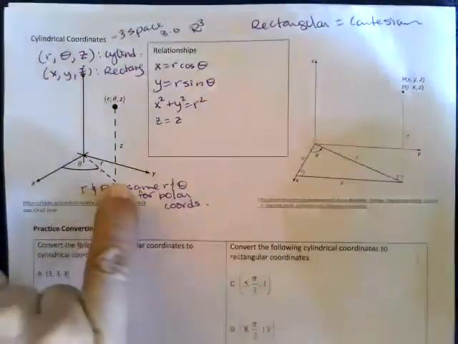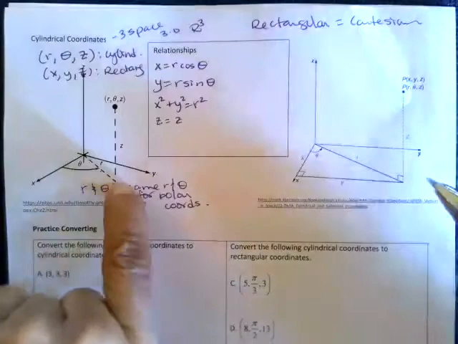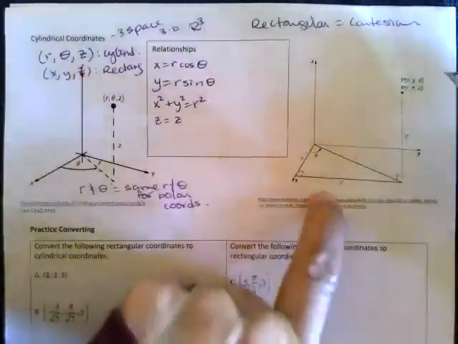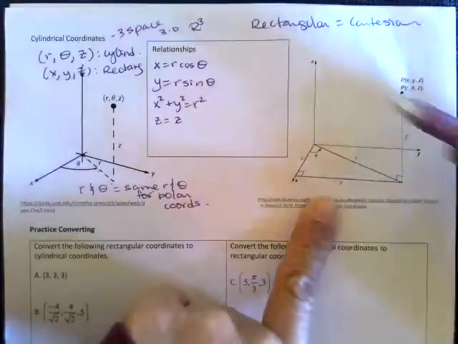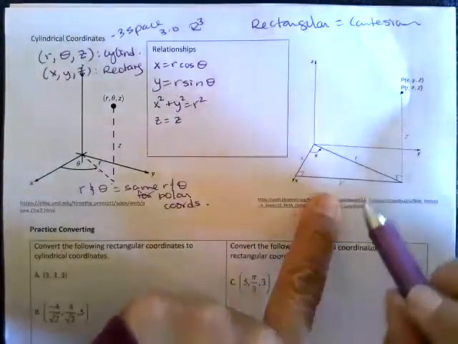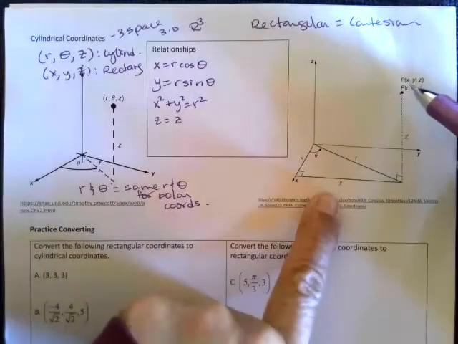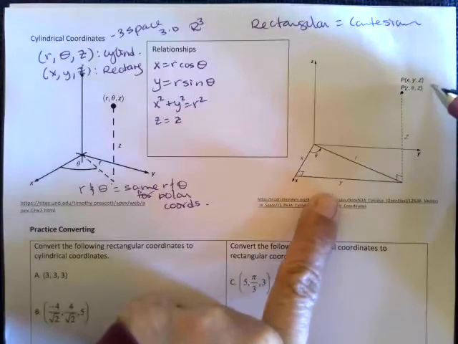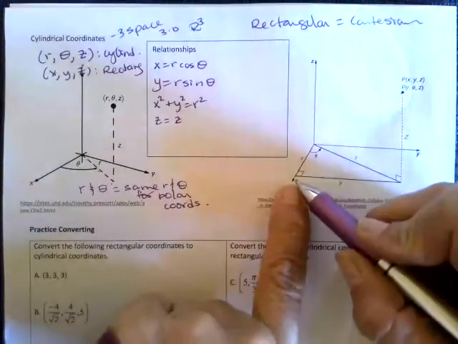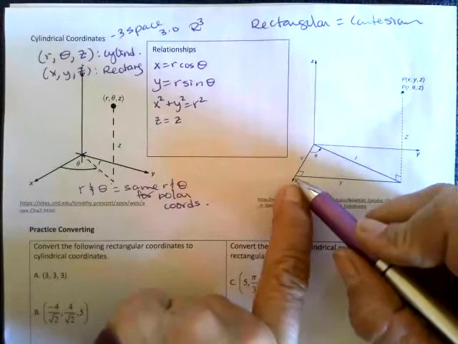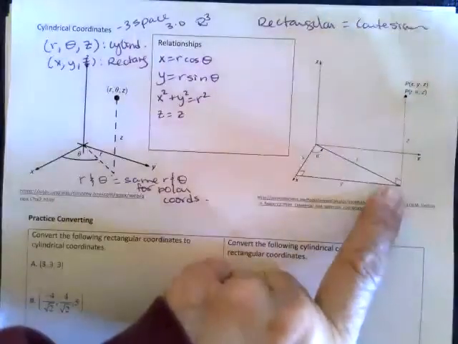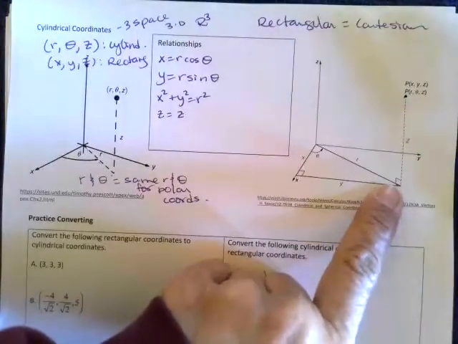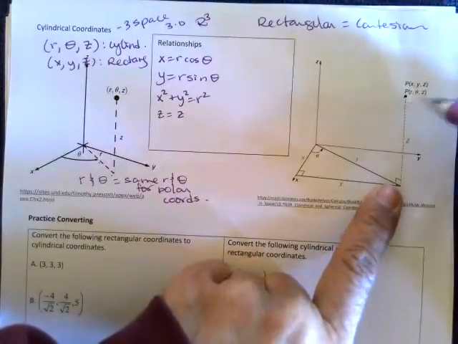I have one more picture here that really emphasizes that relationship. Here's this point P up here in octant 1 where everybody's positive. It's just easier to see. P can be described by X, Y, Z: you go out so far in the X direction, then turn to the Y direction and go so far out, and then straight up the Z. That's one way you can describe to people how to get to this point out here in space.